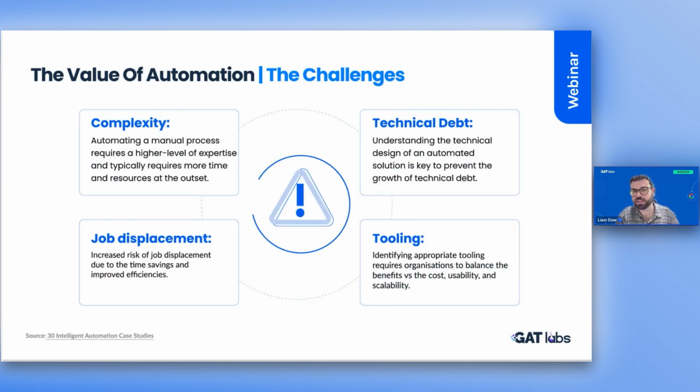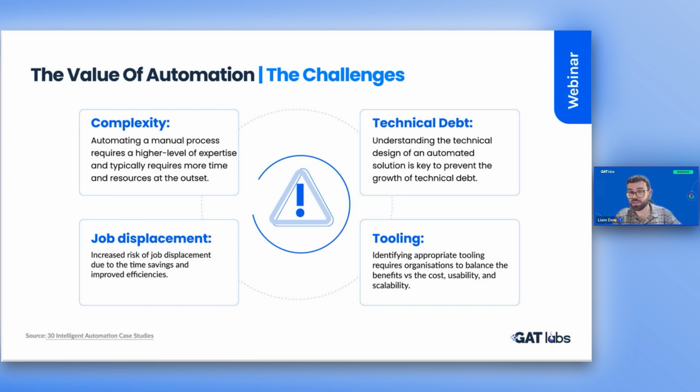But there are challenges. It's not as easy as it sounds. The complexity of automating something, particularly those processes which would provide the most value, because they're the most complex and take a long time, might be the harder ones to automate.